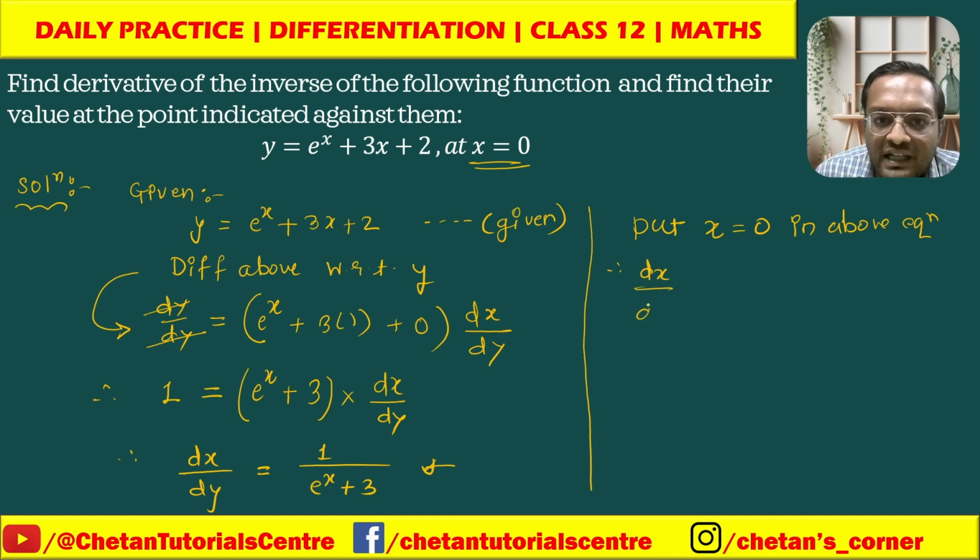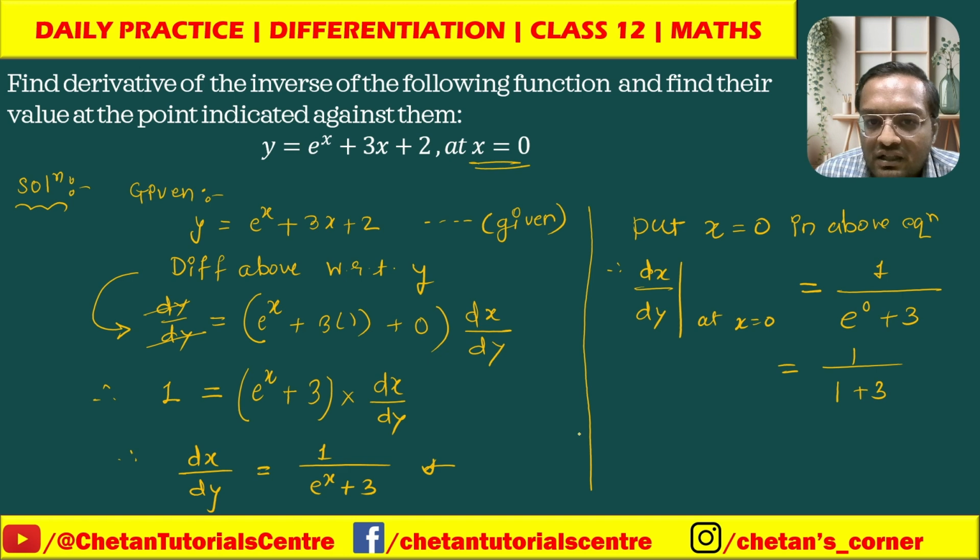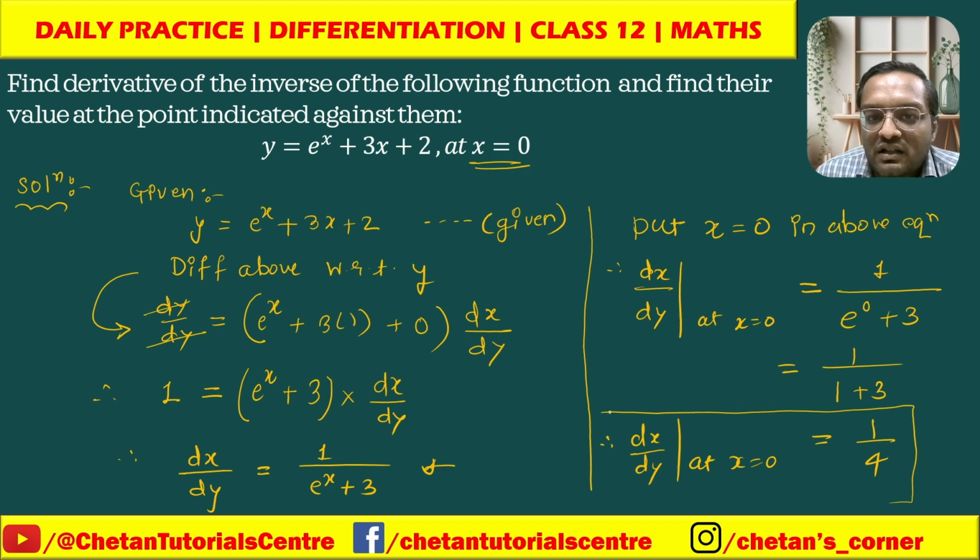I will get the value of dx by dy at x is equal to 0, which is equal to 1 upon e raised to 0 plus 3. So 1 upon e raised to 0 is 1 plus 3. Therefore dx by dy at x is equal to 0 is 1 upon 4. So in this way we find out the value of inverse function at the point indicated against it.